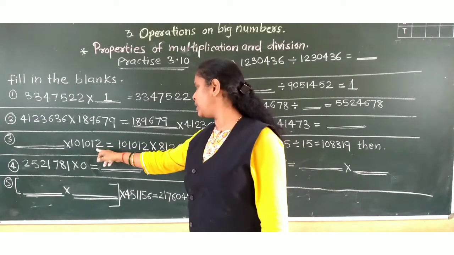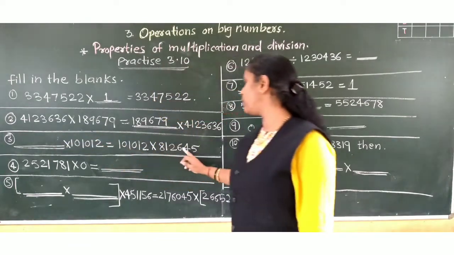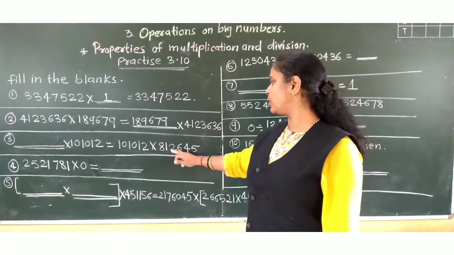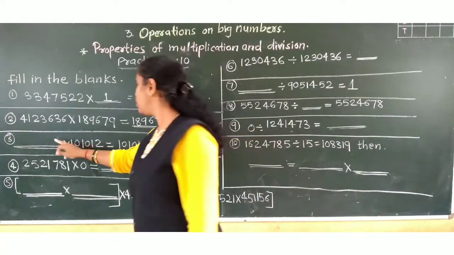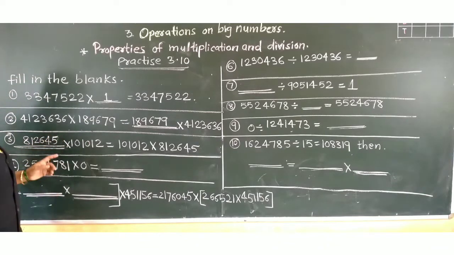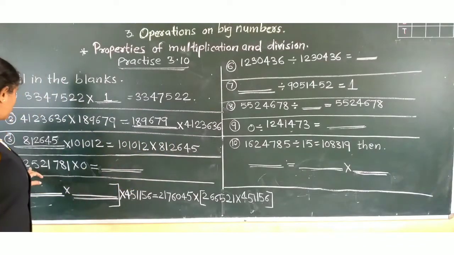So here one number is there. So at the first position which number will be there? The positions of the numbers are reversed. So this number will be here. Okay, the answer is 8,12,645. Understood this? A into B is equal to B into A. This is the property.